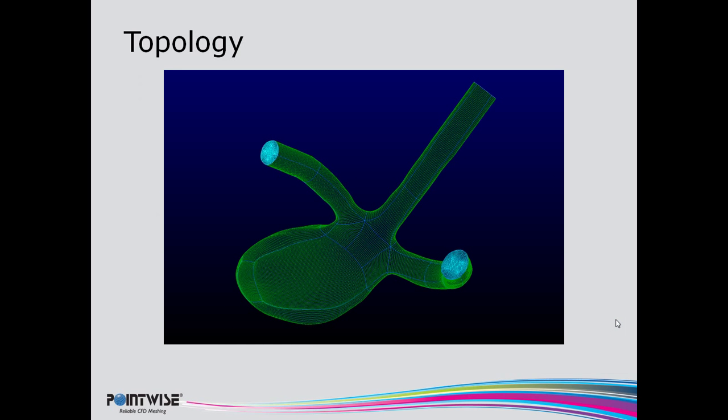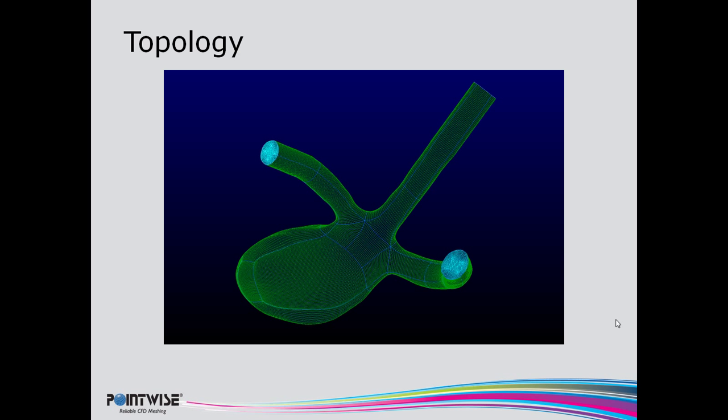So, getting back to our application, this is a picture of our final topology, the final product, what we're going to be working towards today. You can see that with the tools in Pointwise, we're able to construct a very smooth, high-quality mesh, and we're going to be talking a little bit more throughout about how we gauge that quality. But one of the overall themes today is this is a very organic and very circular geometry.